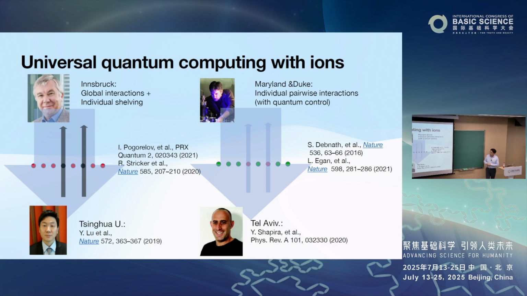So back to the question: how do we isolate two and two ions only in order to form a quantum circuit? Well, there are pioneering works from the University of Innsbruck and also from my postdoc advisor, now at Duke University, Chris Monroe, which were two different ways.